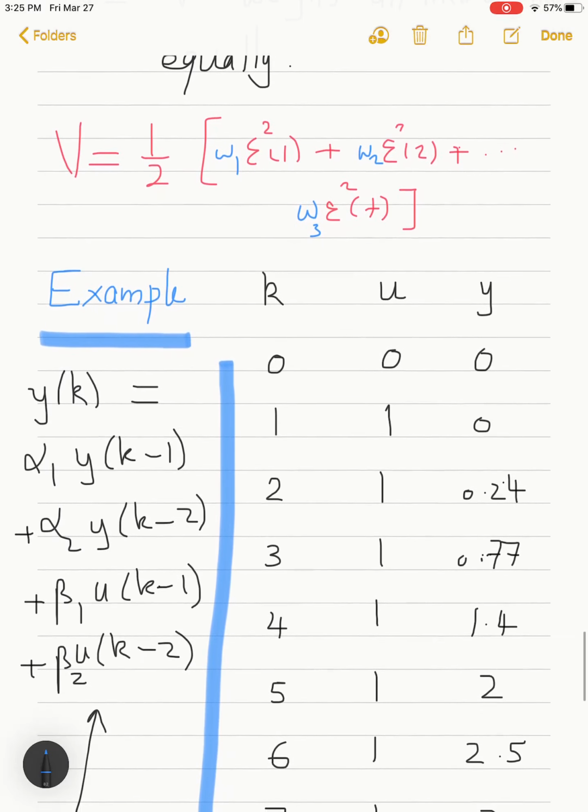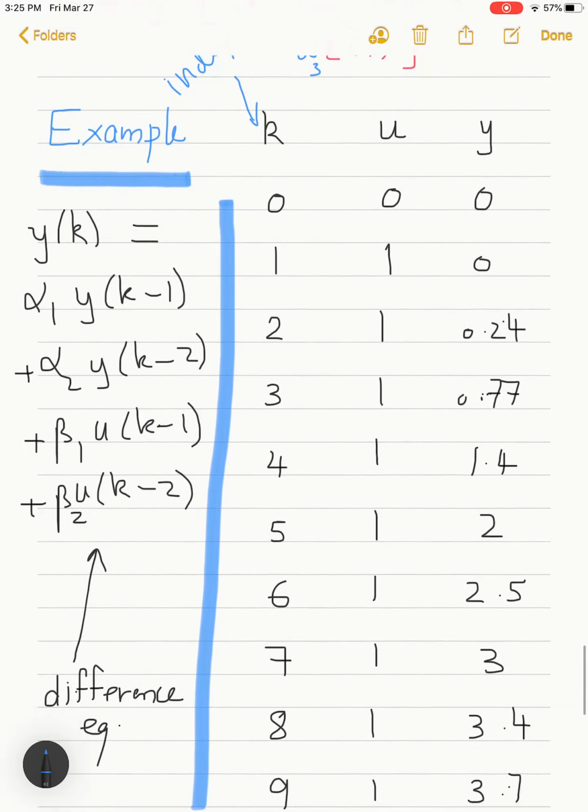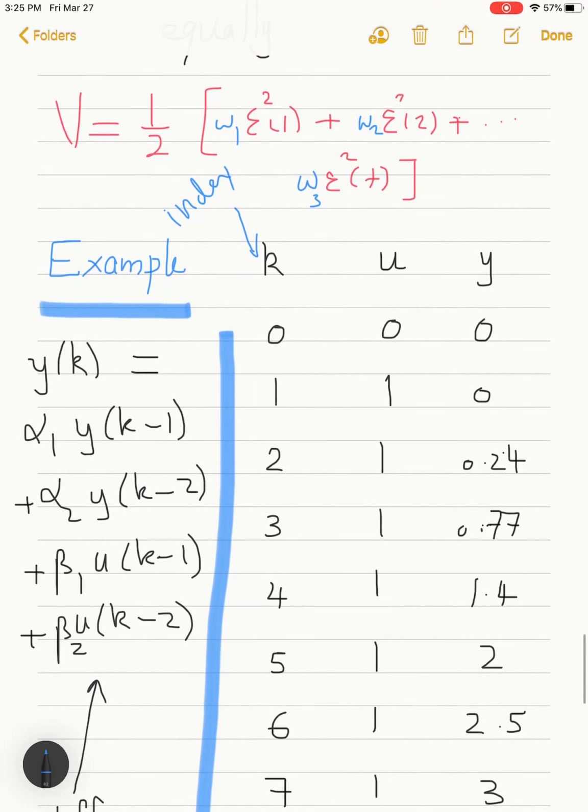This is a numerical example just to illustrate how we can implement the least squares formulas that we derived. So we have here the measurement index, the sample number 0, 1, 2 up to 9, and the corresponding value of u, so this is u of k, and the corresponding measurement y of k.